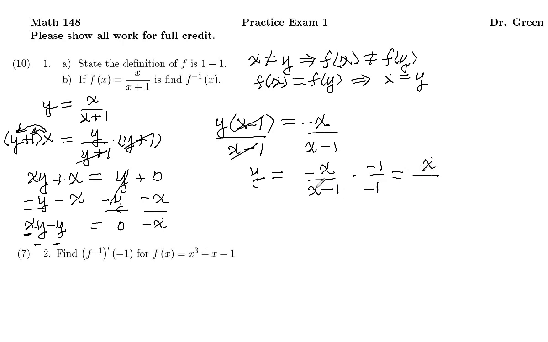Negative 1 multiplied by x is a negative x, and negative 1 multiplied by negative 1 is a positive 1. So it changes both signs on the bottom. So we get 1 minus x, so x over 1 minus x. And that's our f inverse. So f inverse of x is equal to x over 1 minus x. And that one's all set.